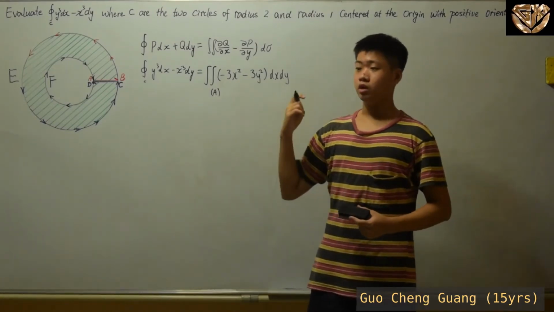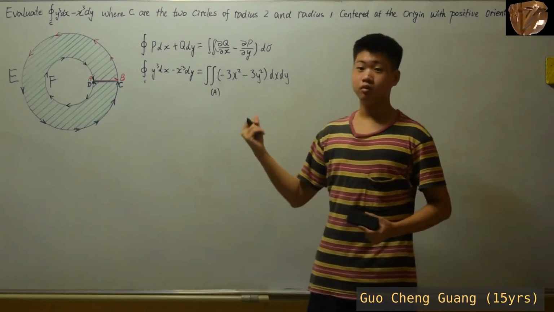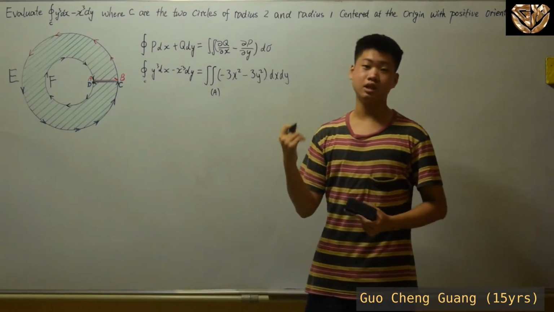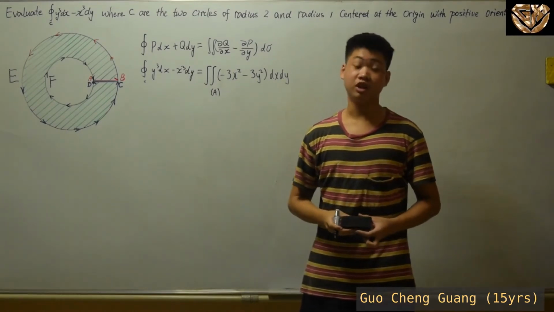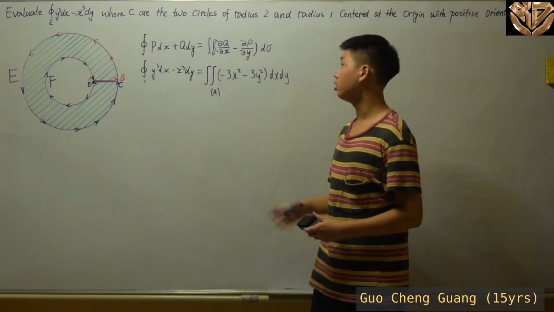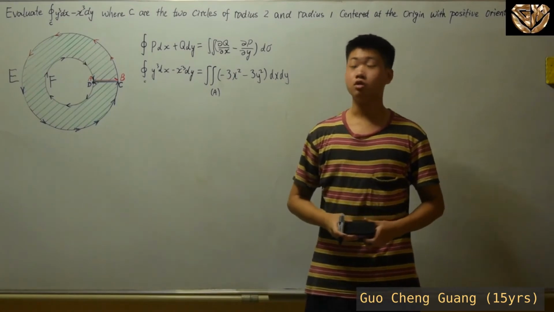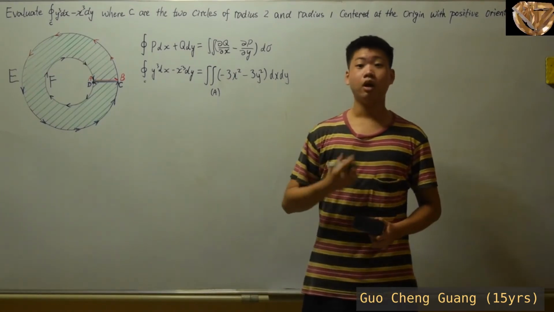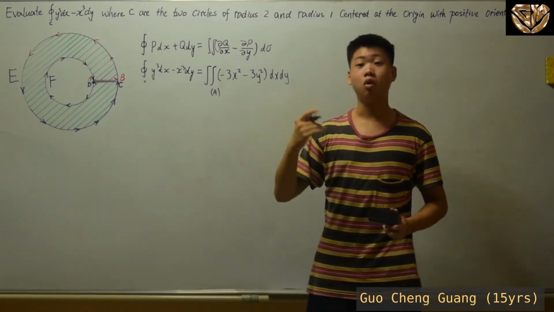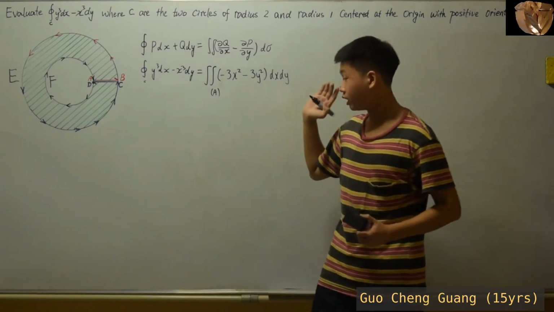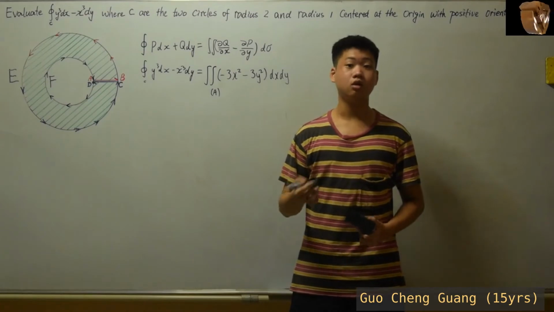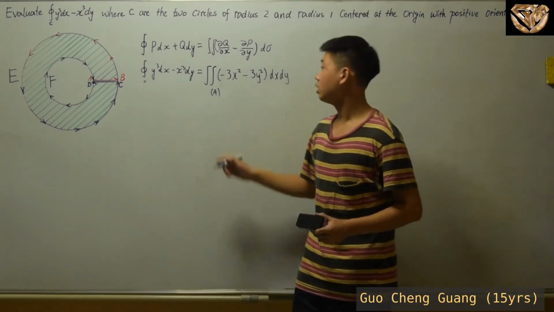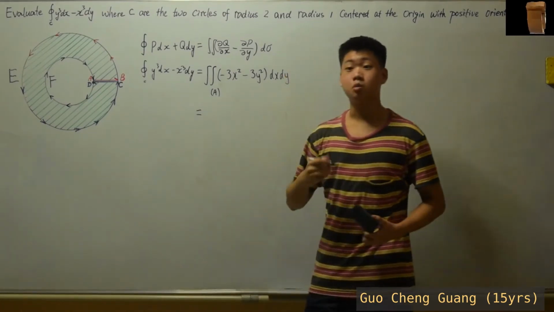Now, to change it into an iterated integral, is there any way to make it simpler so that you don't have to use many other functions just to represent your boundaries? If you have learned it before, you could change it into polar coordinates, since if you realize this is a circle, for a circle you'll most likely be thinking of polar coordinates. So how do we change this into polar coordinates now?